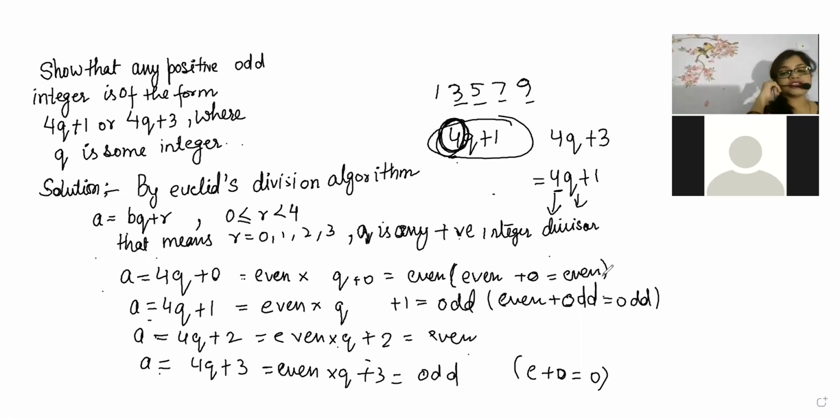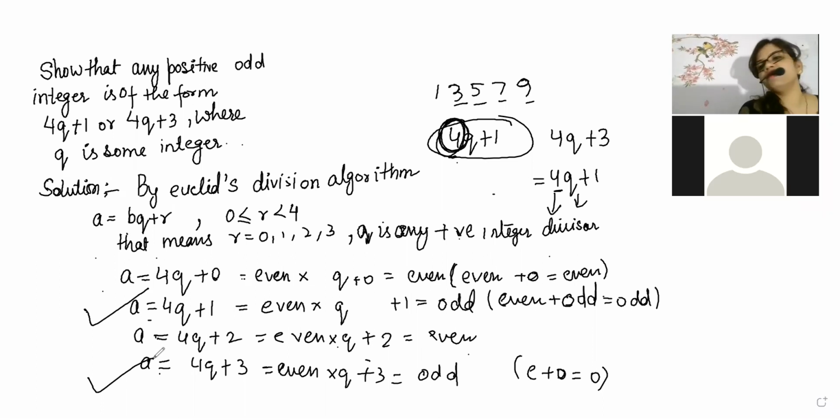Now beta, which numbers are coming odd? When you are taking all positive integers, which one is coming odd? Tell me, beta. Any integer you are taking, A is any integer.